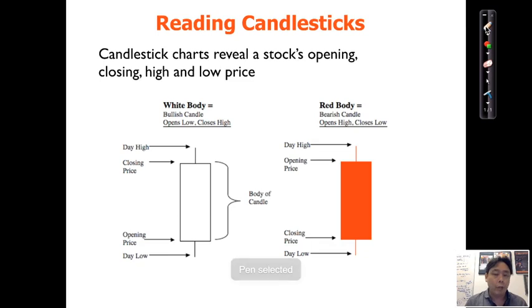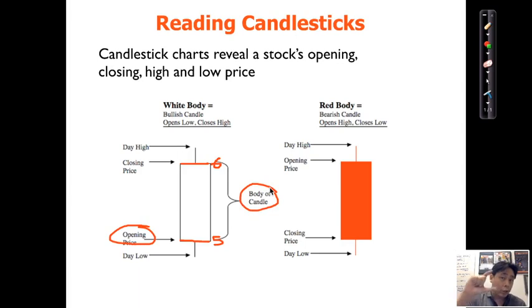And how do you read a bullish candle? Well, here's how you read it. This part over here is the opening price, all right? So for example, the price may have opened at $5. And over here, we have the closing price. Say it closed at $6. So it opened at $5 and it closed the day at $6. And the opening and closing price form the body of the candle.